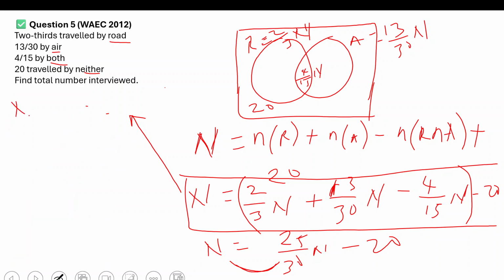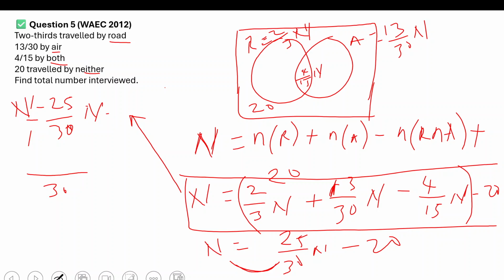So n minus 25 over 30 n. I'm going to solve this in a bit. The LCM of this is 30. We're taking this one as 1 over 1, right?